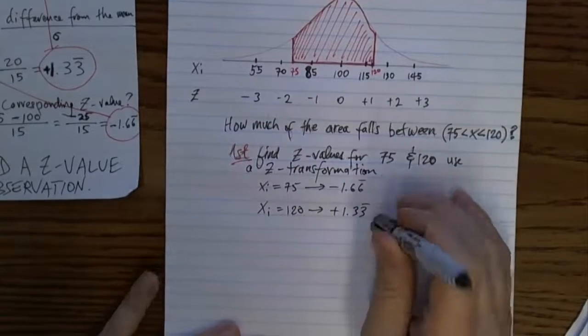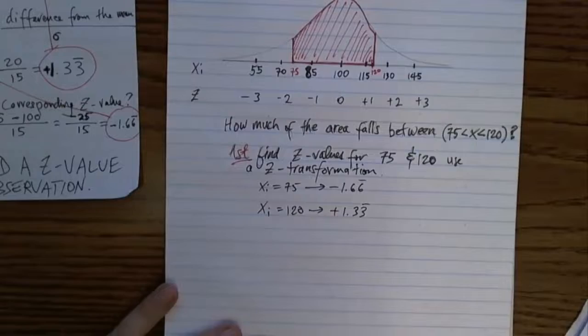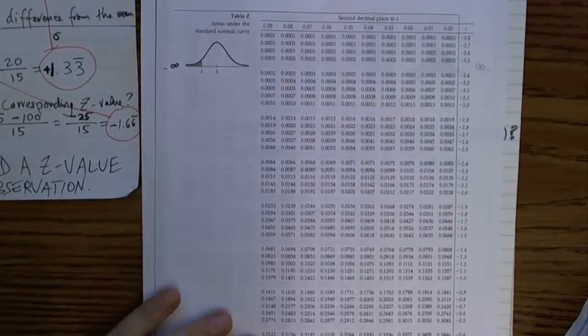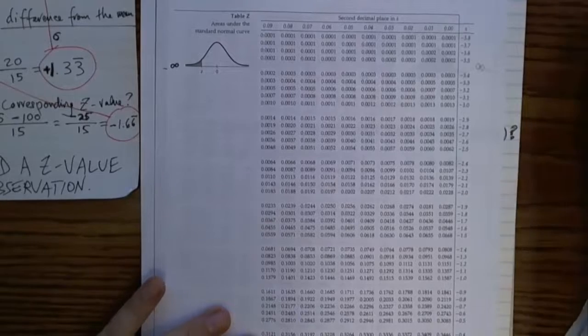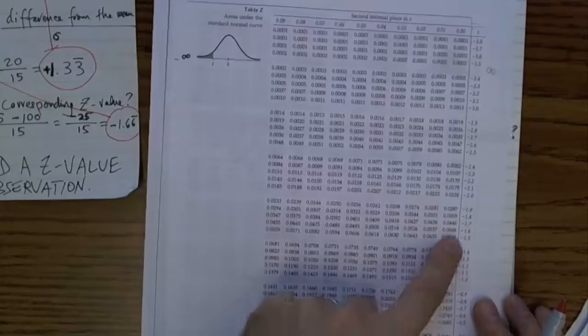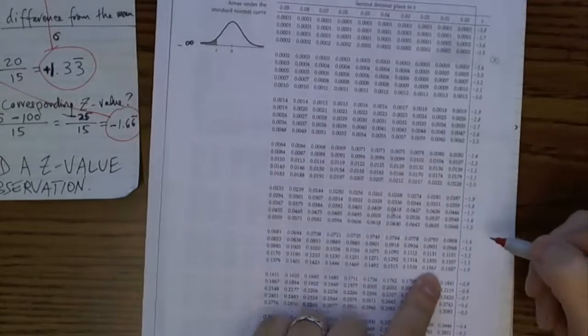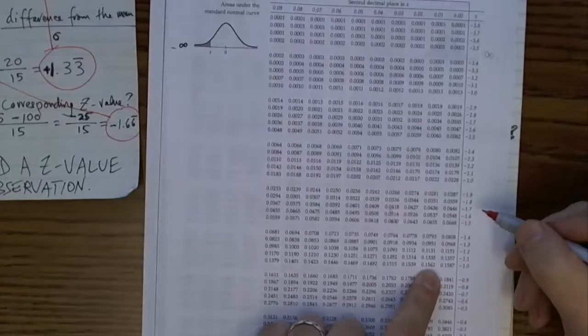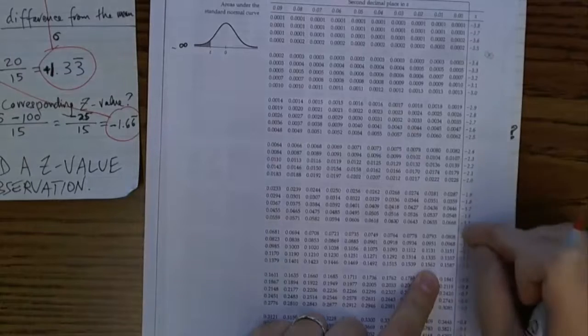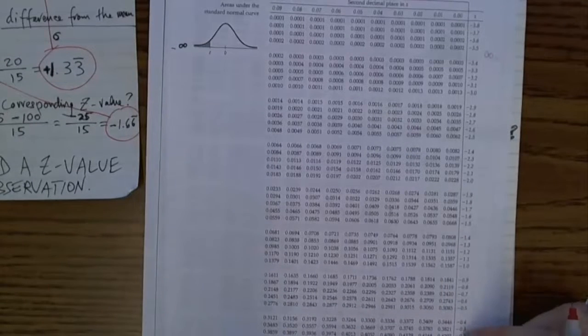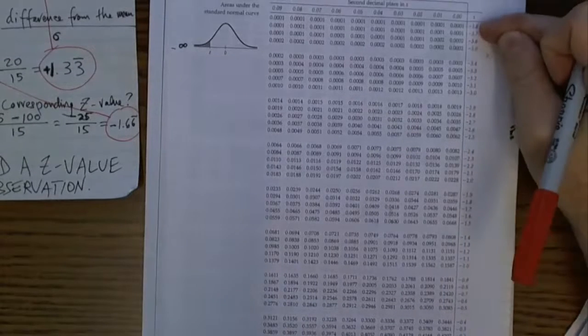So if we look at our z-table, this one right here, we know that if we have a negative 1.66, we look it up on the z-table. It's going to be hard for you to see this, but you get the general idea. It starts with 0 down here, and as I move up, it moves towards negative 3.8.